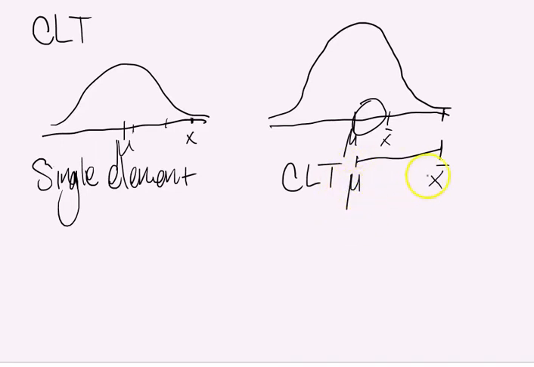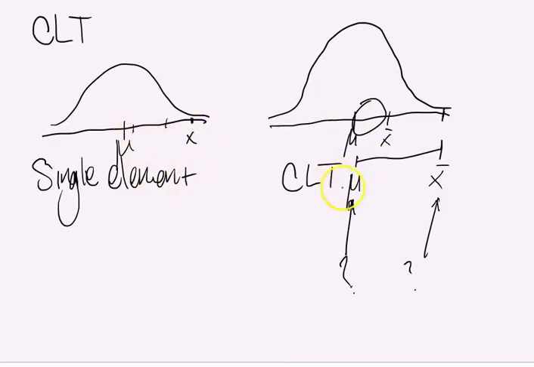One of these is wrong. My sample is way off because of something being broken or incorrect or me making a mistake, or my assumption about the population is the thing that's wrong. One of those things has to be incorrect. And that is what a hypothesis test is. You are testing whether or not this is unlikely to be true. Okay? And that's what we're going to be talking about.